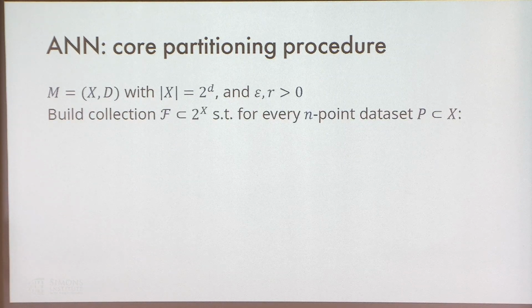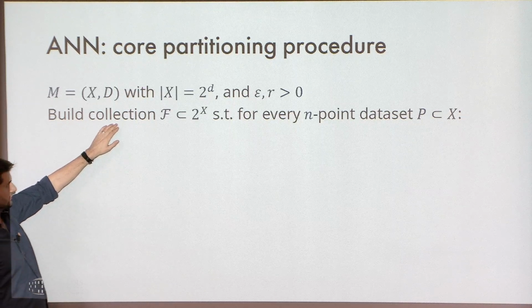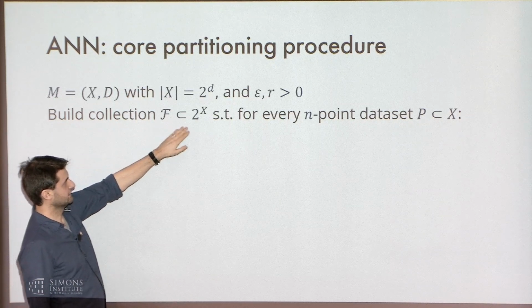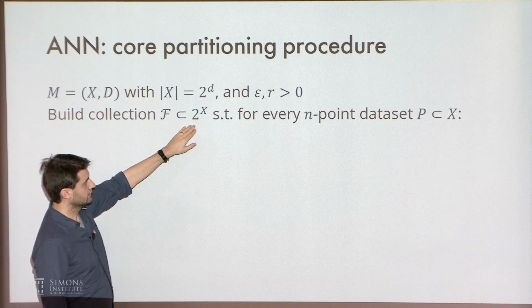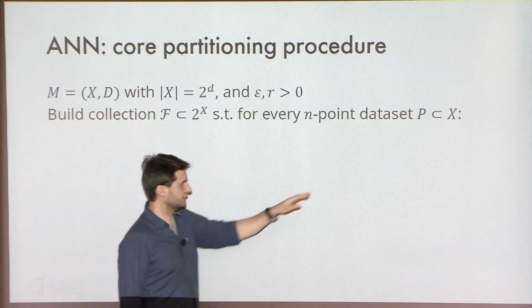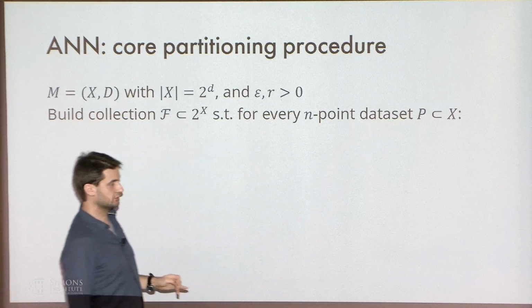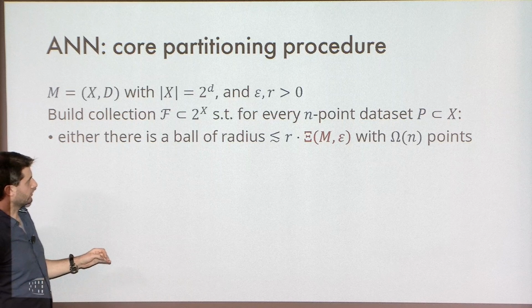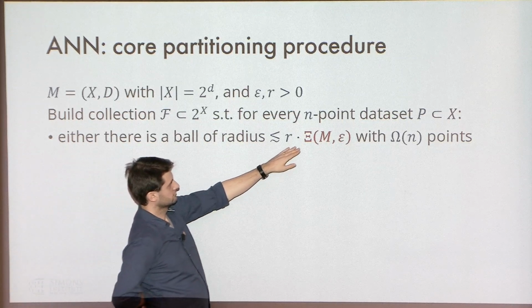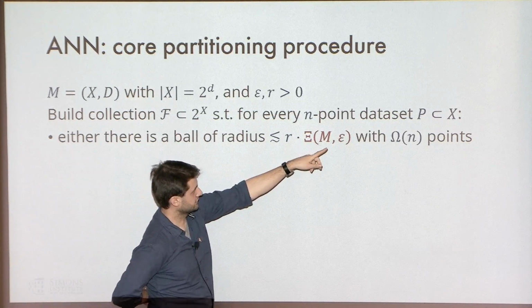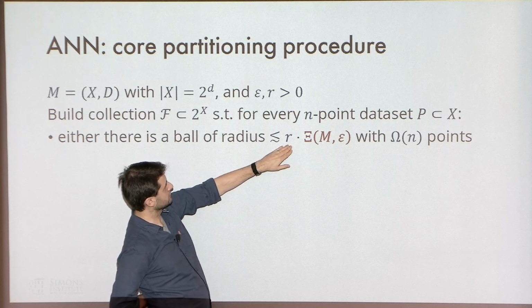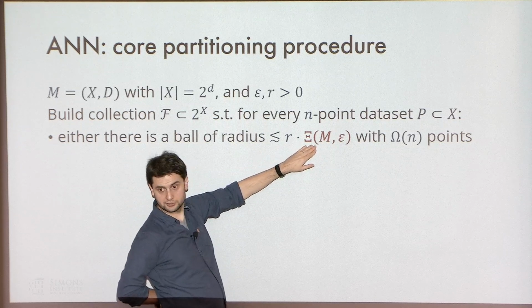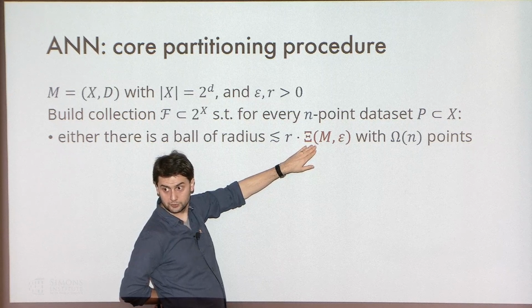So we need the following partitioning procedure to build a collection F. So F are sets on X, such that for any n-point data set called P, we have the following. Either there exists a ball of radius r times Xi which contains many points, omega n points.